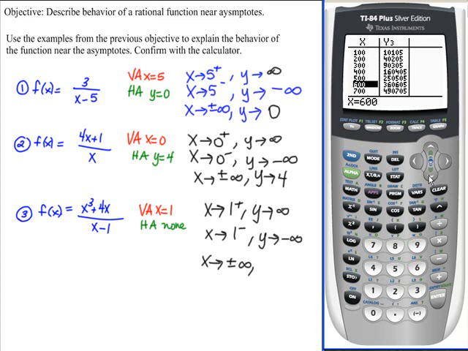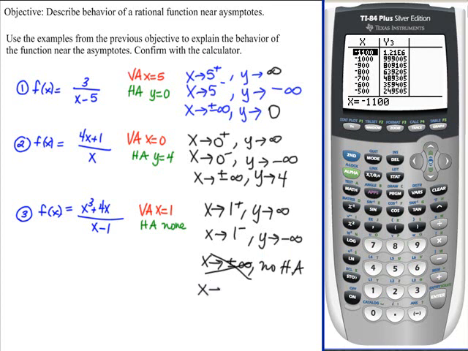In fact, as we get larger and larger in the positive x direction, our y values are getting larger and larger and larger. And is that the same thing that's happening in the other direction? Yeah, in fact, they're going off to infinity. So as x is approaching positive and negative infinity, there is no value for y. So we have no horizontal asymptote. And so that is confirmed there.